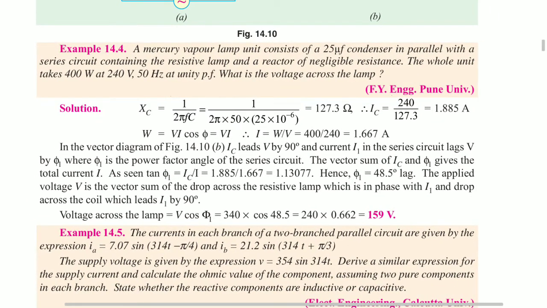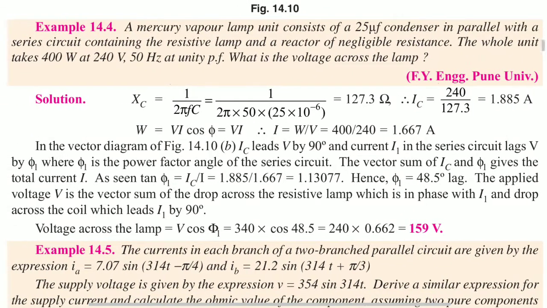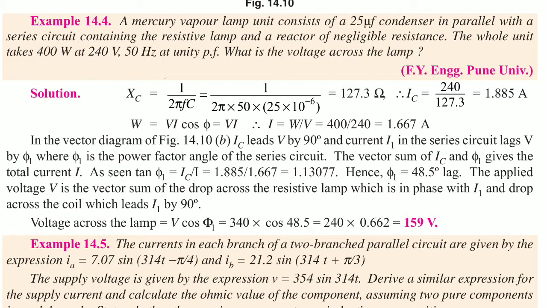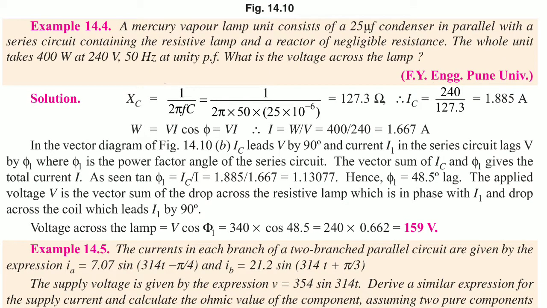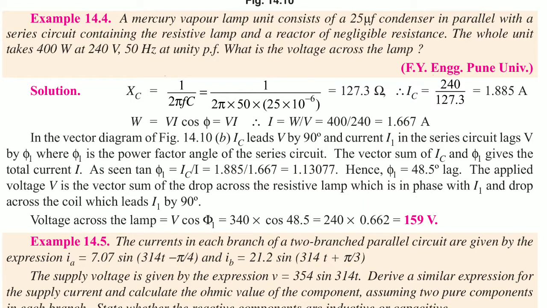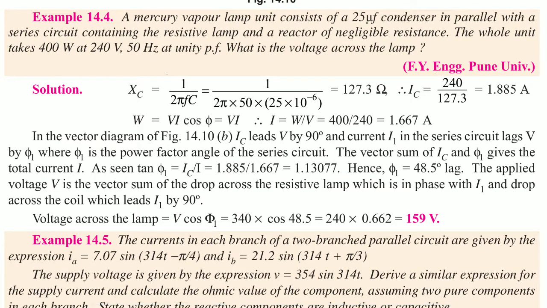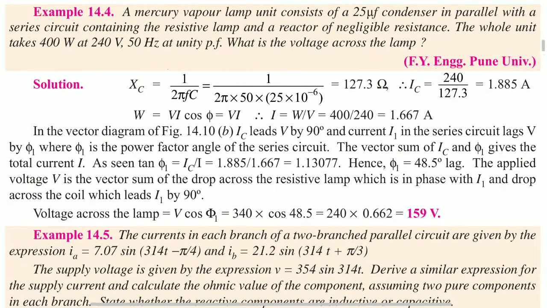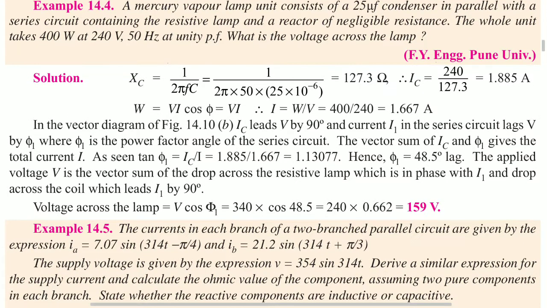Here, a mercury vapor lamp unit consists of a 25 microfarad condenser in parallel with a series circuit containing the resistive lamp and a reactor of negligible resistance.